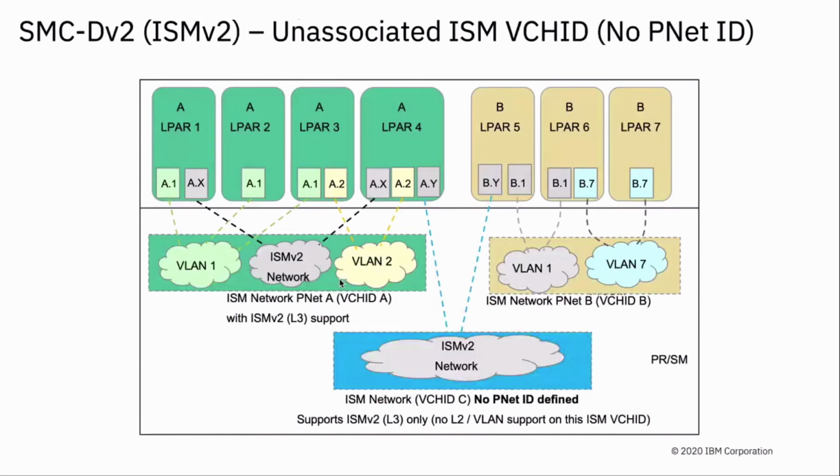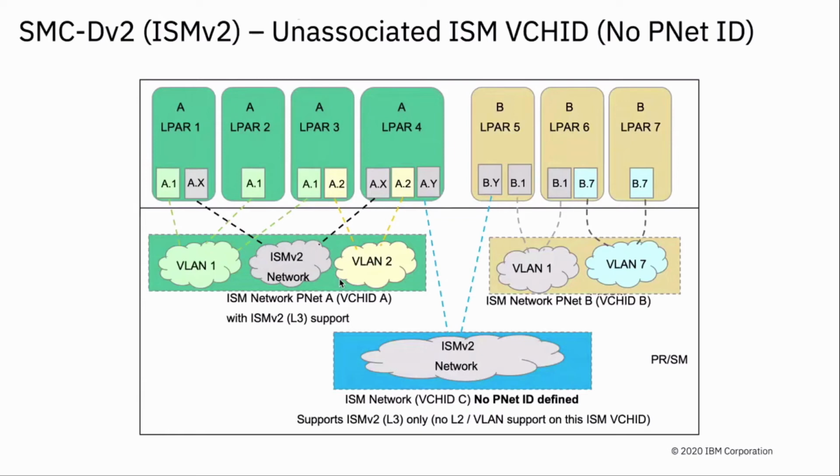And so finally, how do I get LPAR 4 and LPAR 5 to communicate across VCHIDs? I can define a new ISM VCHID without a PNetID. Those two LPARs will activate it with a new VCHID, and now they can communicate using ISM V2 that's not associated with a physical network or an IP device or a VLAN. So here I'm showing A.Y and B.Y are connected to the same VCHID.